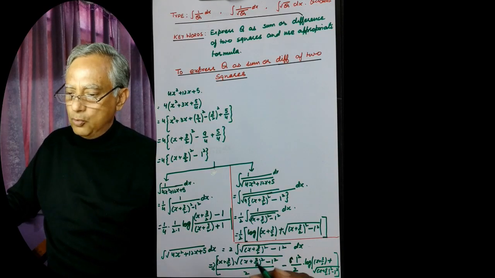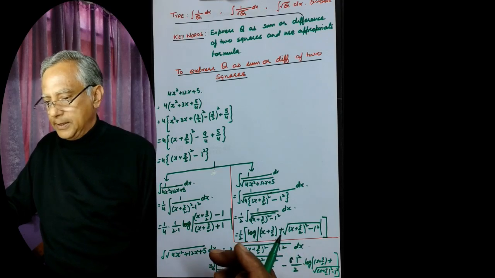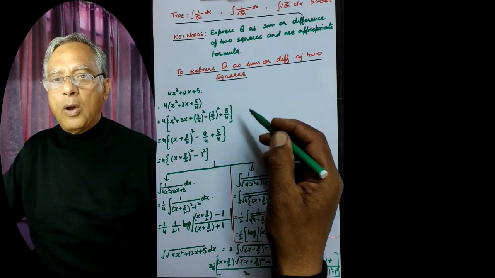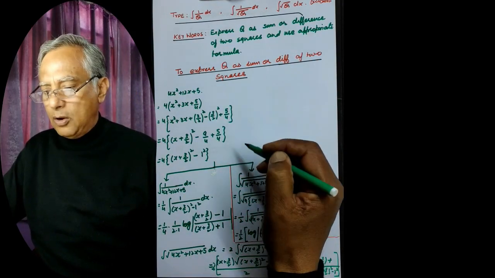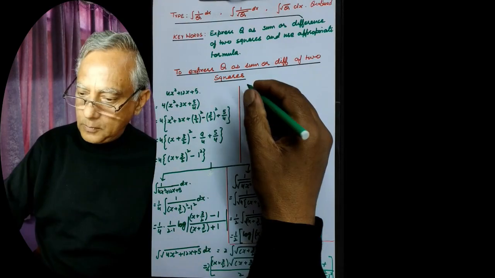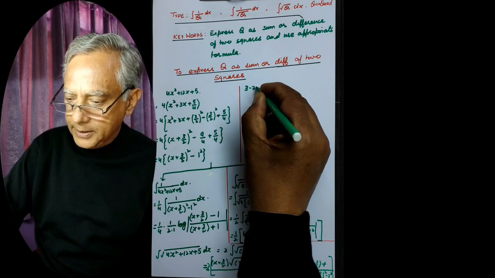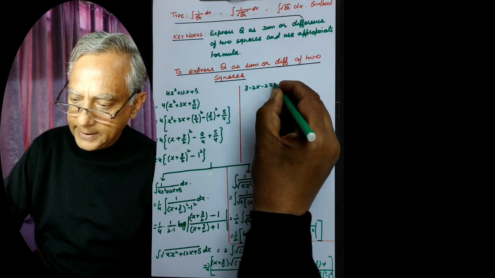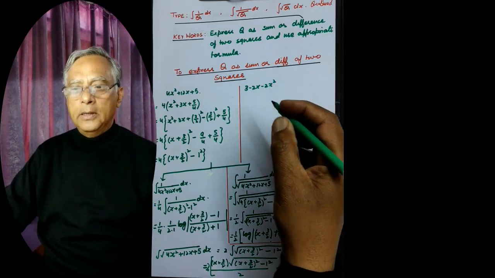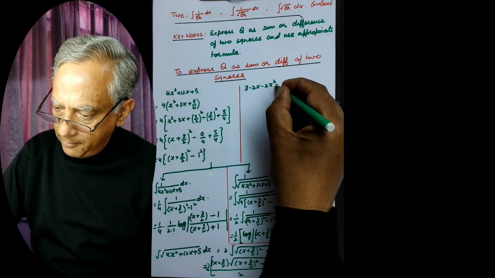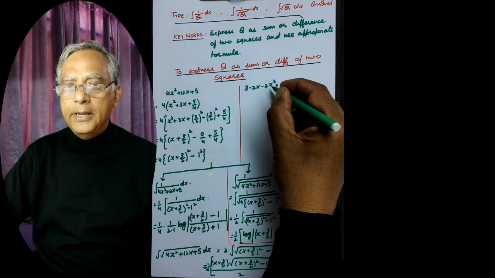So now I move on to the next example: how to express a quadratic as a sum or difference of two squares. Now next I consider this example: 3 minus 2x minus 2x square. The first step is to make the coefficient of x square unity.